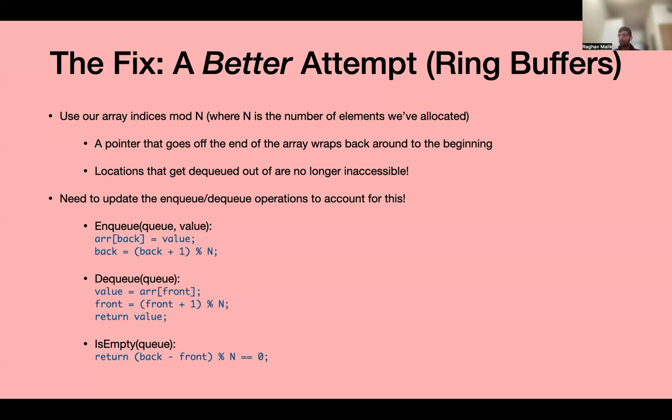But yeah, so to clarify, we do still need to grow the array if we fill up the queue legitimately. Ring buffers just prevent this pathological case where we insert and then remove, and insert and remove, and every time the queue goes back to being empty, it consumes all of the earlier indices, and it runs out of space that way.